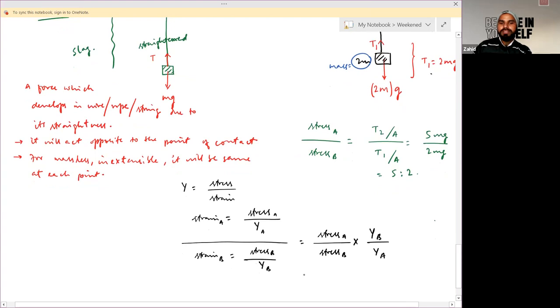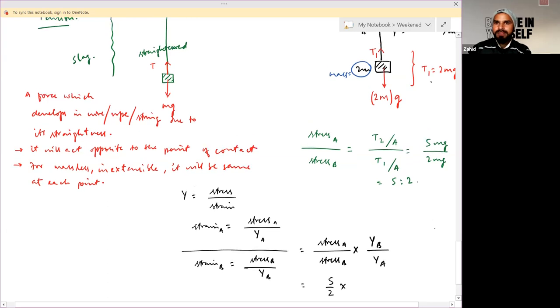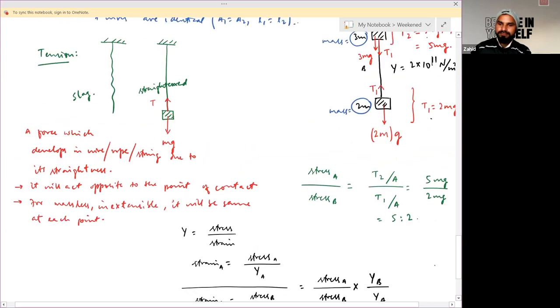Now put in the value of each term. Stress in A divided by stress in B we have calculated as 5/2. Young's modulus of A and B is given as 1.5 and 2.